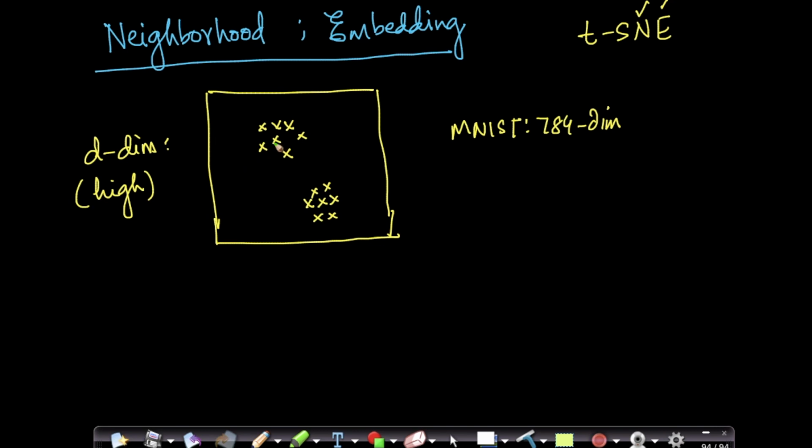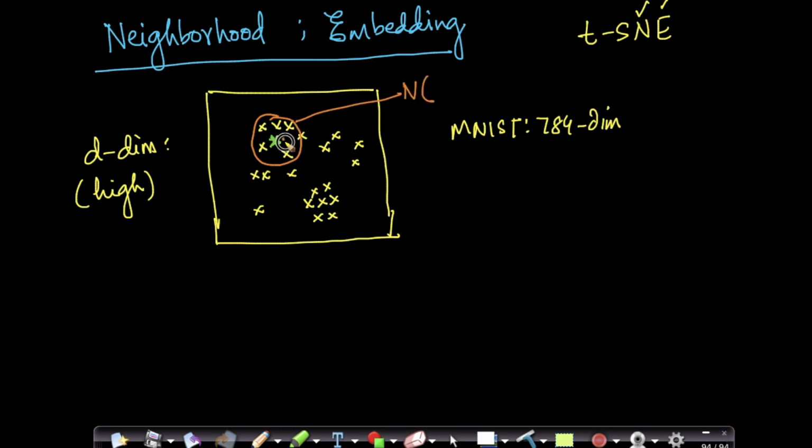Let's assume we are taking this point. The neighborhood of this point is typically those points which are close to it. Of course, we could have some points which are not in the neighborhood, suppose some points here and here. So this red circle is called the neighborhood.